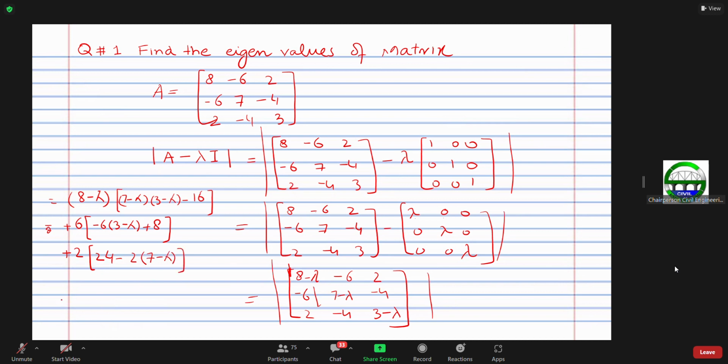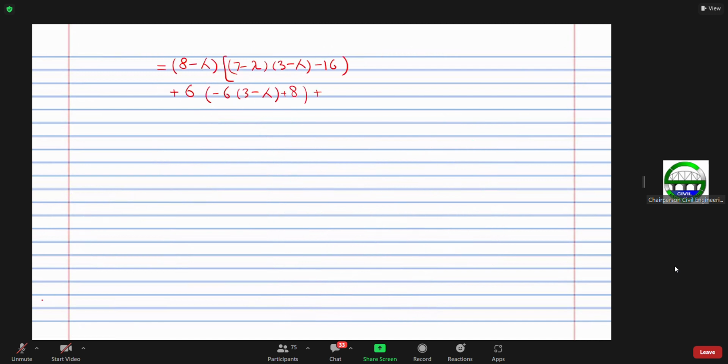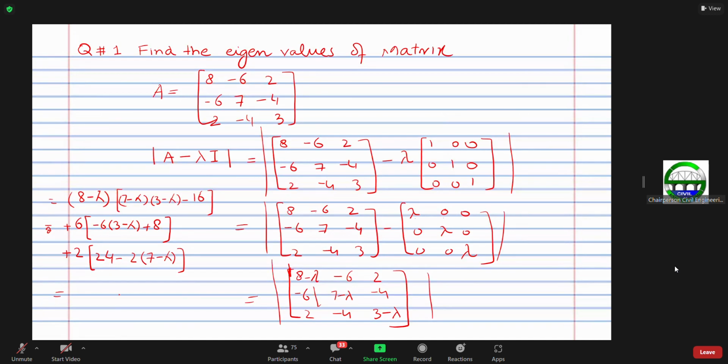Okay, so please solve this one and give me the value of lambda. Everyone solve it and give me the value of lambda. This is simple. Just try to solve it and give me the final equation in lambda.